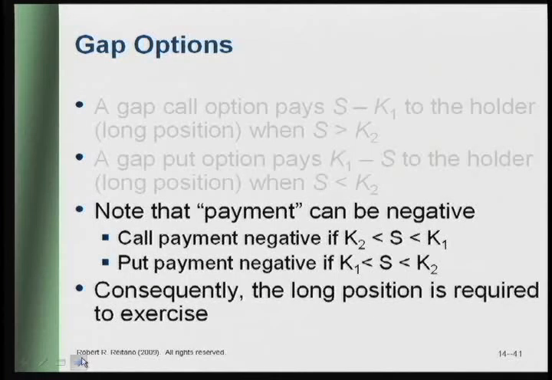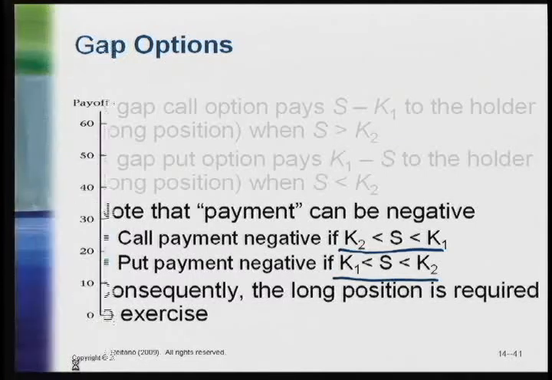And sometimes the holder will be paid a positive amount, which is the typical option. Sometimes the holder will actually have to make a payment. So it's not an option at all. And one can predict when that happens. If the stock price is in between K1 and K2, the payment will actually cost the holder money. And similarly, if the stock price is between K1 and K2 for the put.